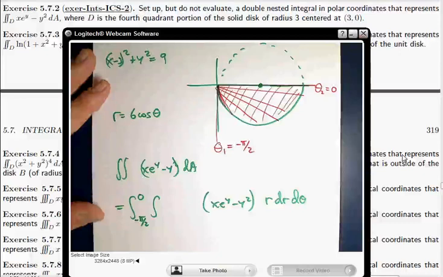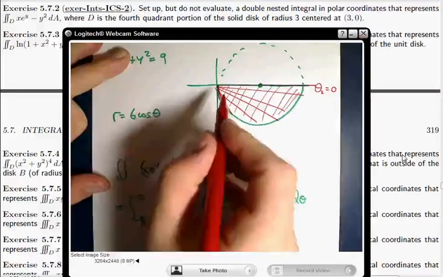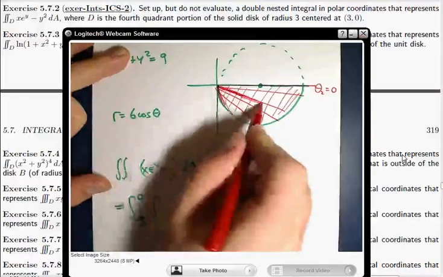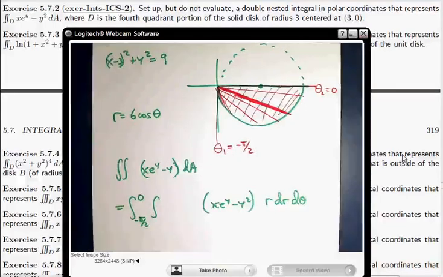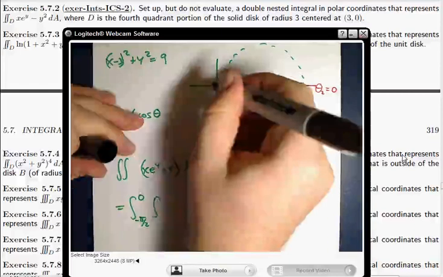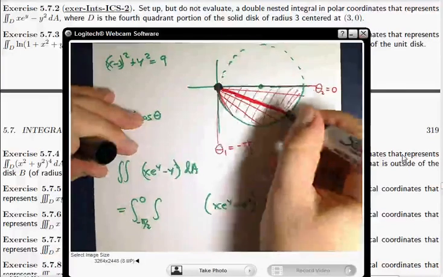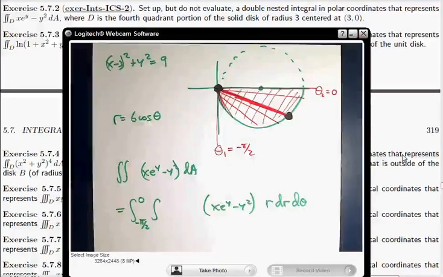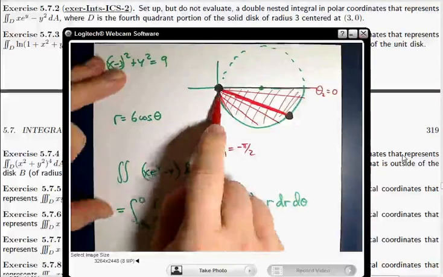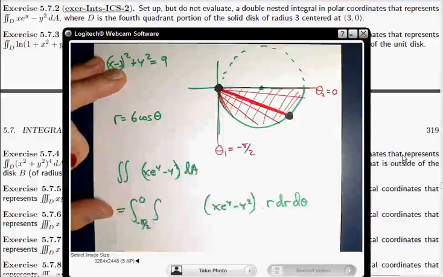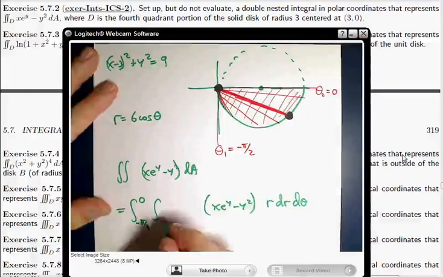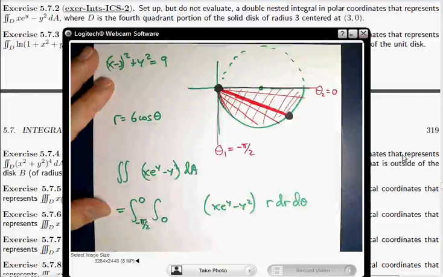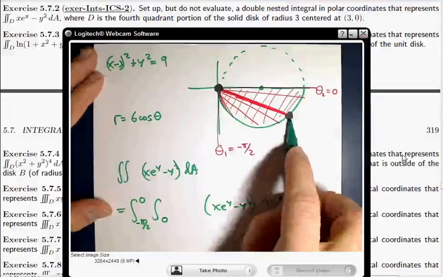Now for a given value of θ, we're going to confine our attention to one particular θ cross-section, and I want to know what the value of r is at the start of that, and what the value of r is at the end. Clearly r = 0 right there. And the last value of r, I need to solve for r at that point.